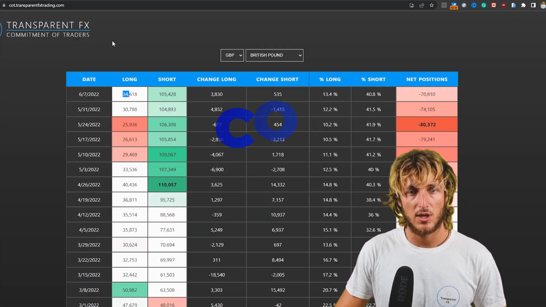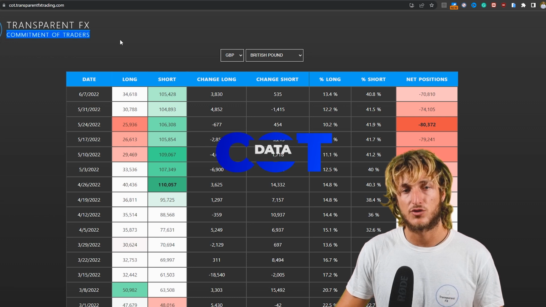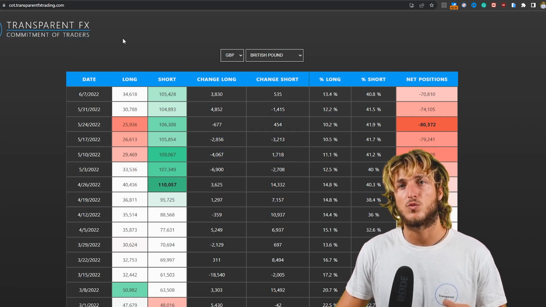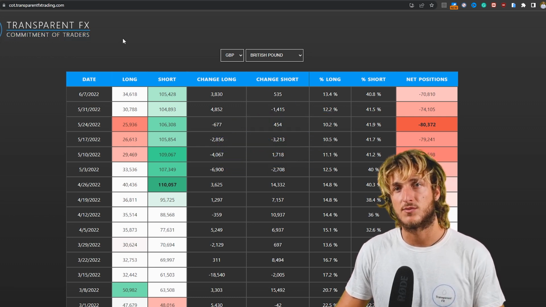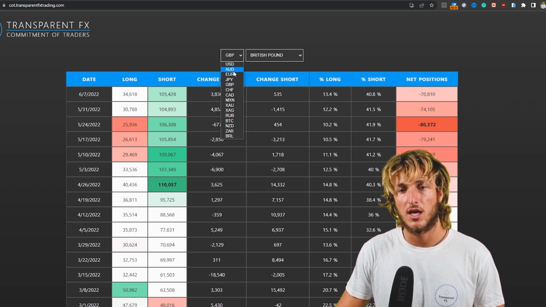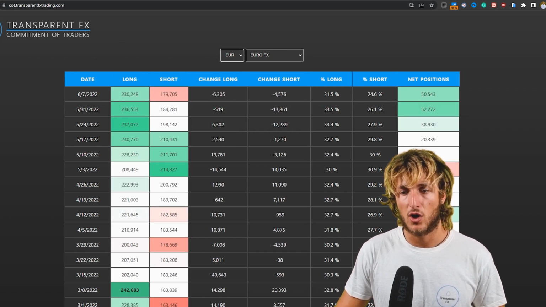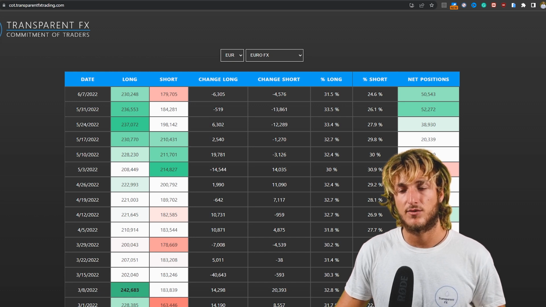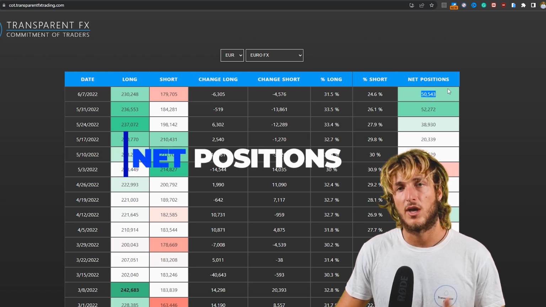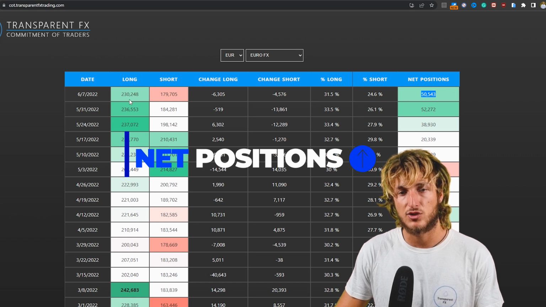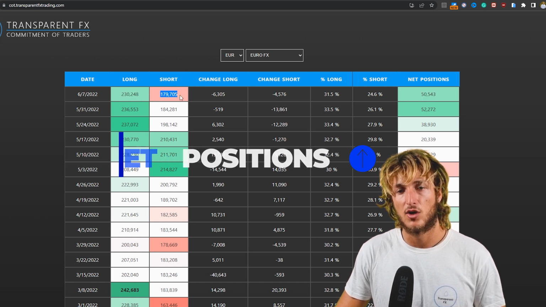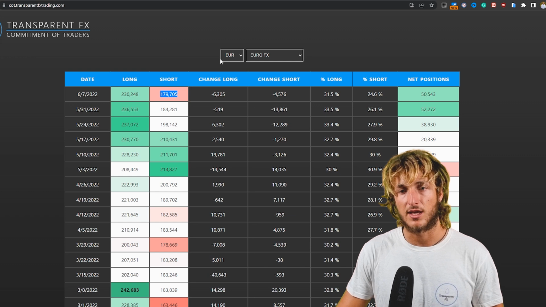Now, if we go and see what we have when it comes to the commitment of traders, so the COT data, which is what the non-commercials, so the biggest speculators in the market, are doing, and we check the data for the euro: on the euro, we went from having a negative net positioning of minus 6.3k net positions with 214k shorts compared to only 208k longs, all the way up to having 50.5k net positions with 230k longs compared to only 179k shorts.